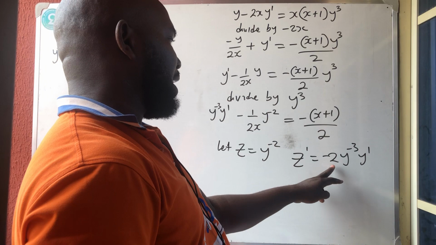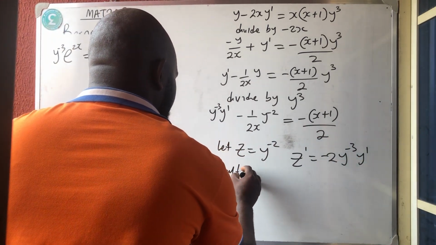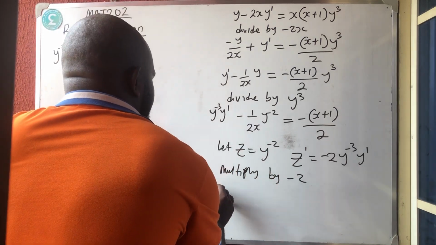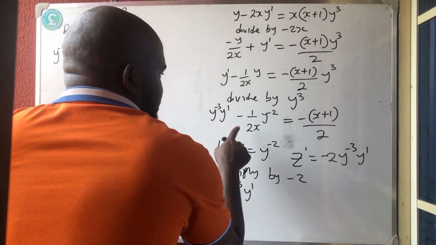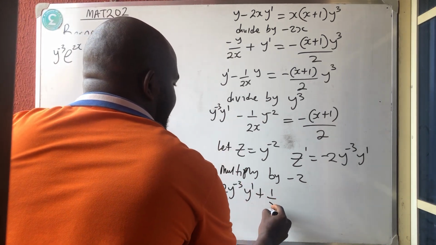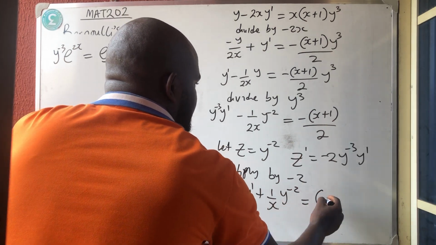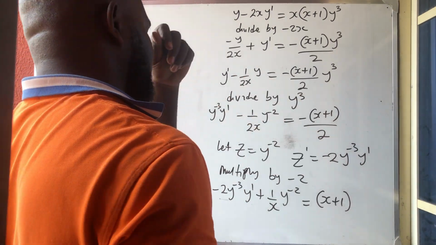So the only problem is the minus 2. So multiply through by minus 2. So I'm having minus 2y raised to power minus 3 y prime plus 1 over x y raised to power minus 2 is equal to, I'm left with x plus 1 here, because minus 2 will cancel minus 2 here.